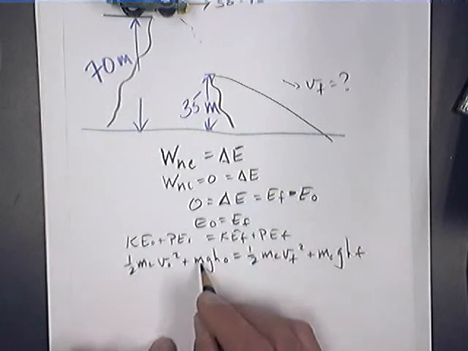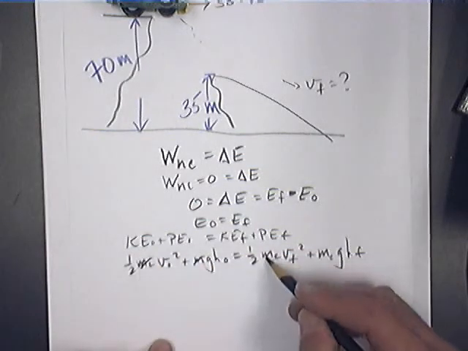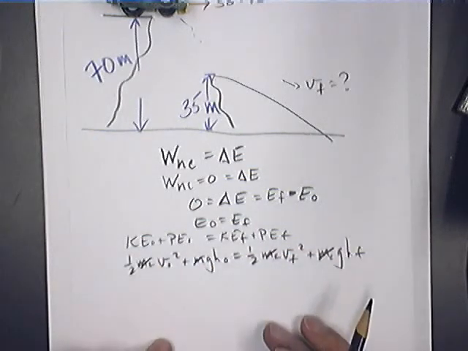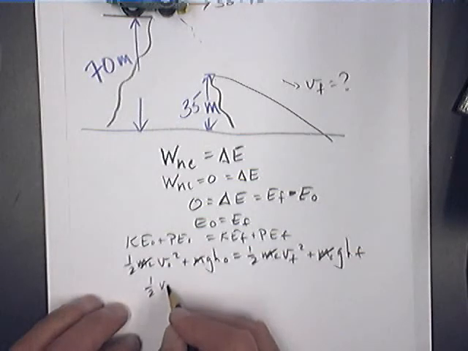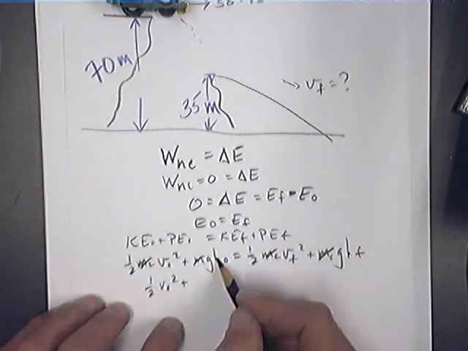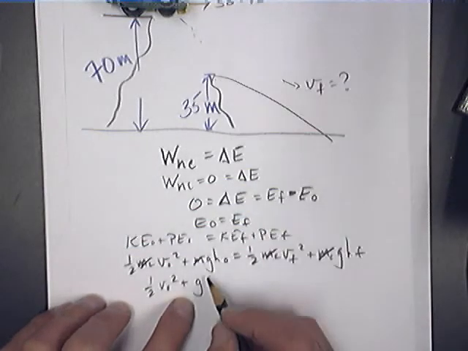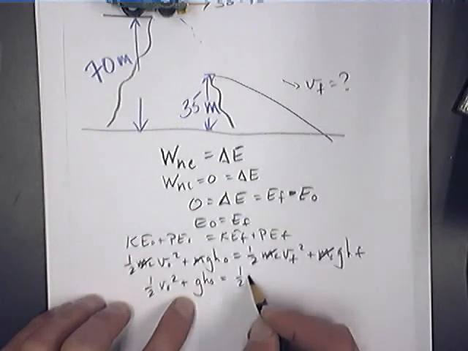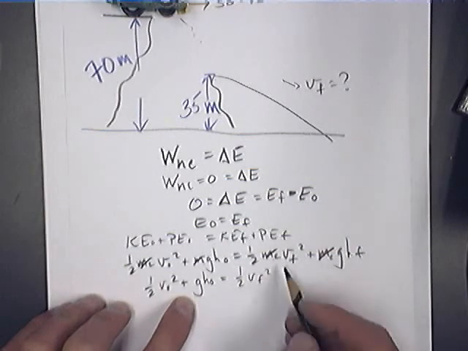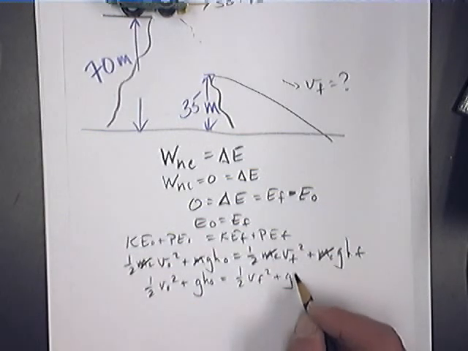Oh, look, we've got mass of the car in all the places. Yay, so it doesn't matter what I'm driving. So I end up with 1/2 v initial squared plus g times my initial position, which is 70, equals 1/2 v final squared plus g h final.